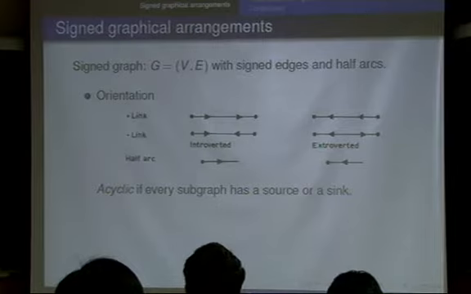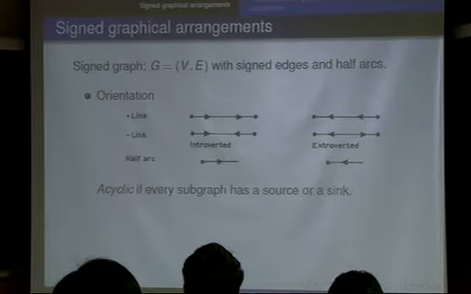The orientation of a positive edge is just the same as the orientation of an ordinary graph. But a negative edge has a different orientation. It's introverted or extroverted. And a half arc has the same orientation.